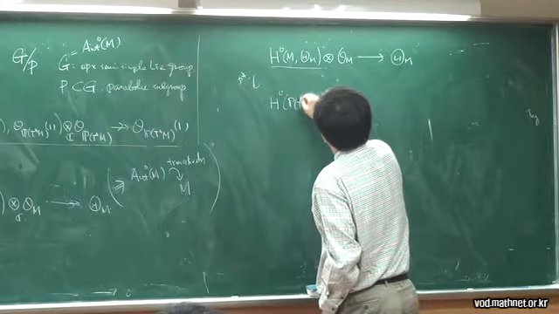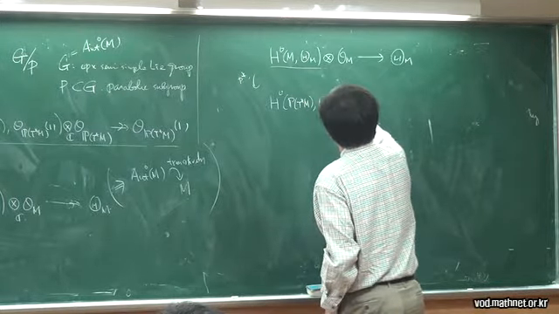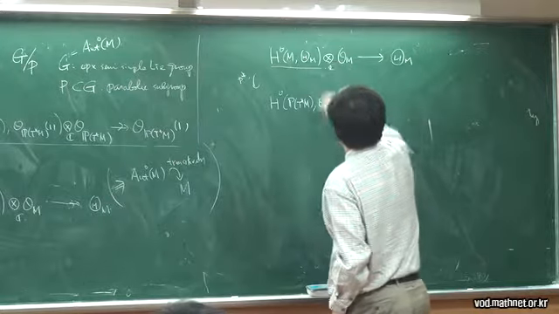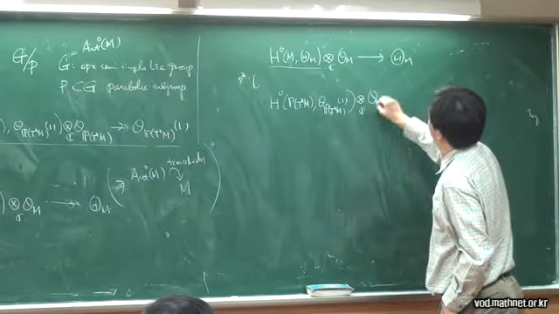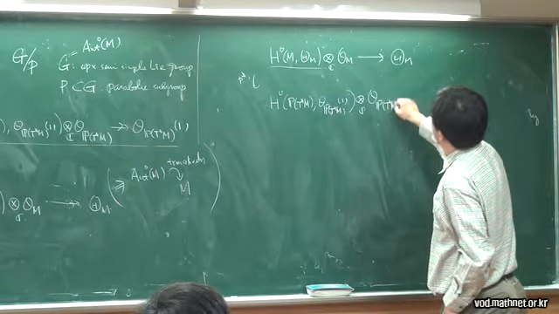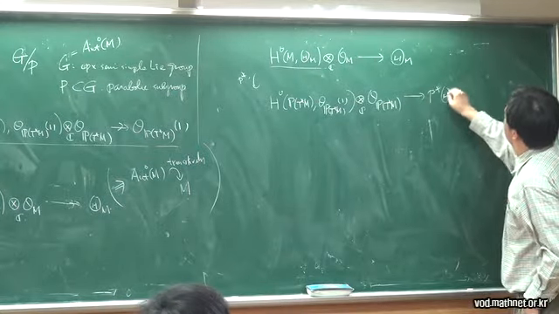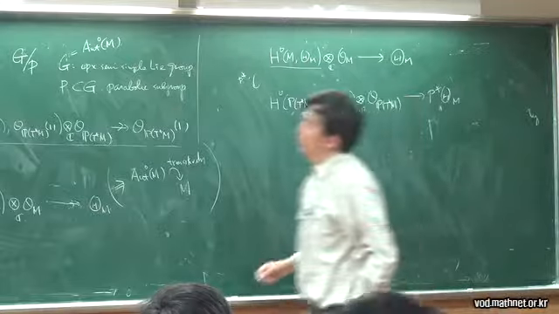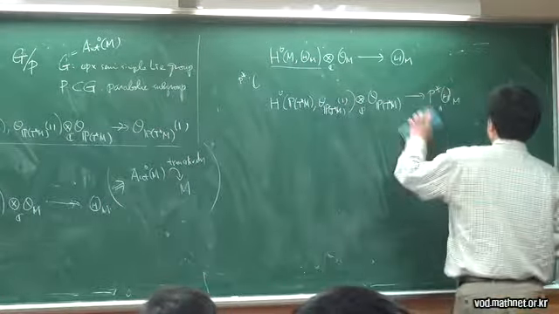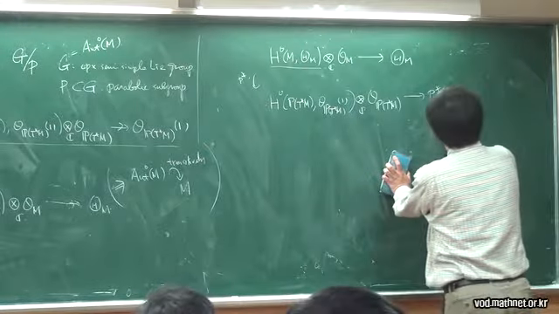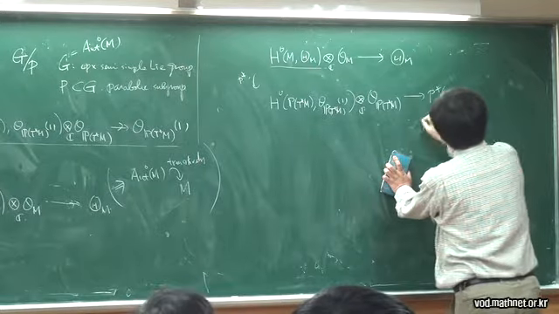P T star M, P T star M 1 times this C, this is P star of OM, and so this is O P T star M times P star theta M, but theta M is just this, so we have T P star O P T star M P star.